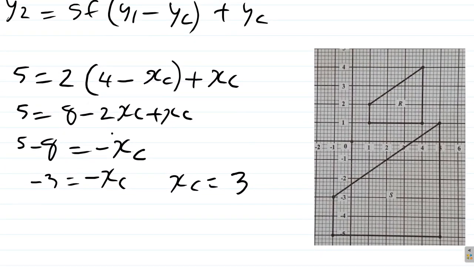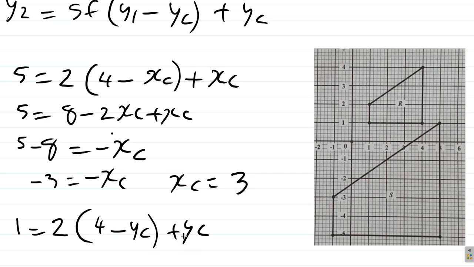For the y, for that point, y is 1. So we say y2 on the image, what you get after the enlargement, y2 is 1, equal the scale factor is 2 times y1, the original location was 4, y1 is 4, minus y at the center plus y at the center.